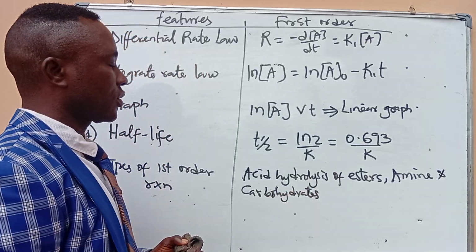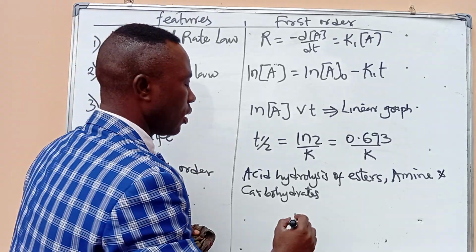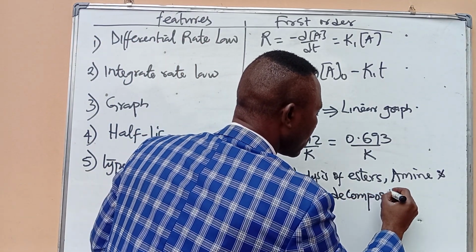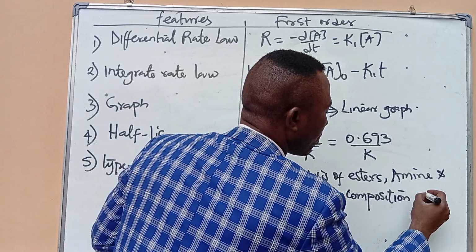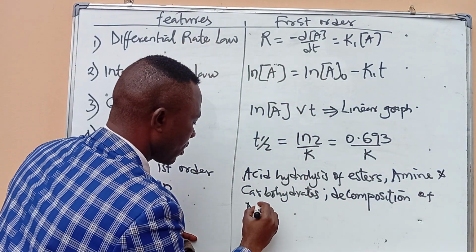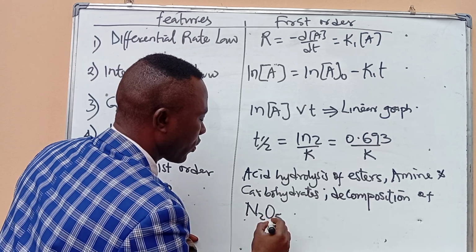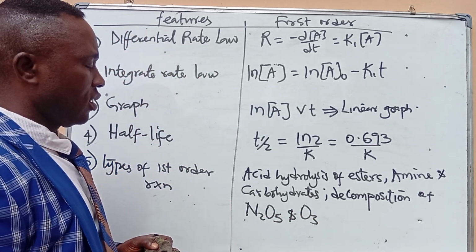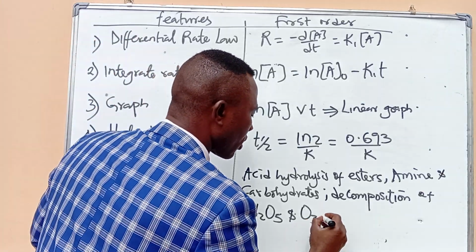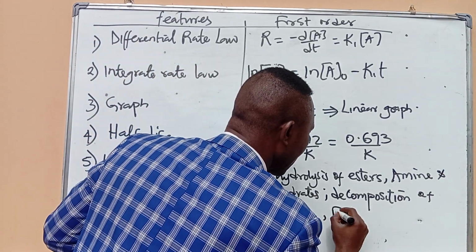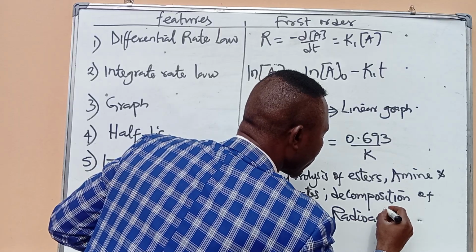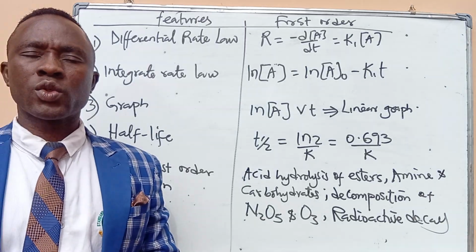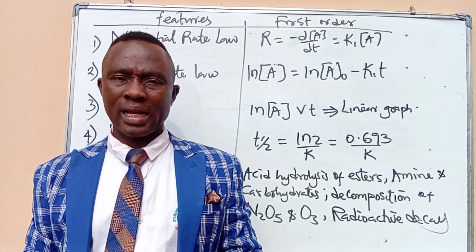These are reactions that are first order. Also, decomposition of dinitrogen pentoxide and ozone. These decompositions are also first order reactions. Also, radioactive decays are also first order reactions.